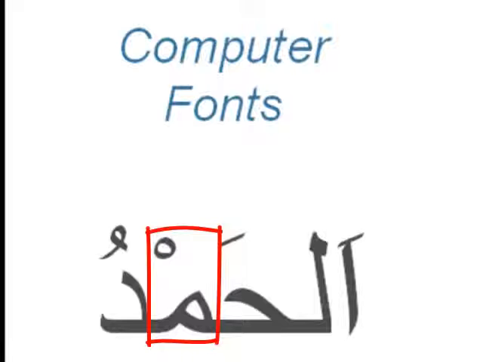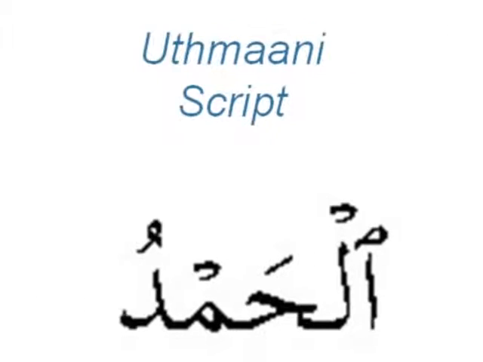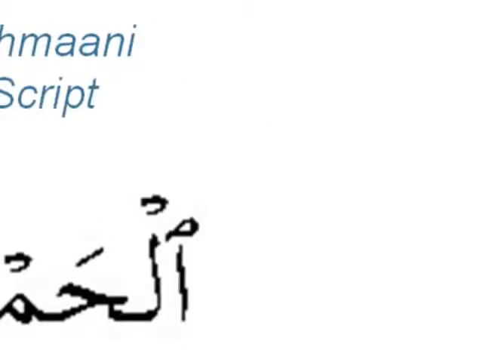So here we have the word Alhamdu, and just above the meem is a Sukoon, which is a round circle. In the Uthmani script, i.e. in the Quran, the same word again, if we look above the meem, you have a Sukoon, which is almost a circle but not complete.